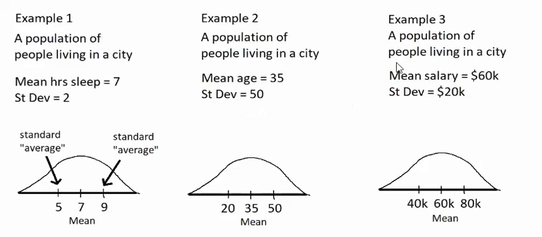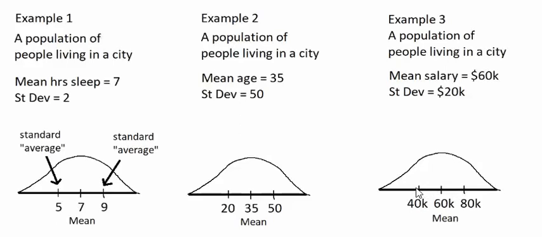So imagine a population of people living in a certain city. The mean salary is 60,000 per year, and the standard deviation is 20,000. Let's just imagine that. In this population, it's typical or average for a person to be 20,000 below the mean or 20,000 above the mean.